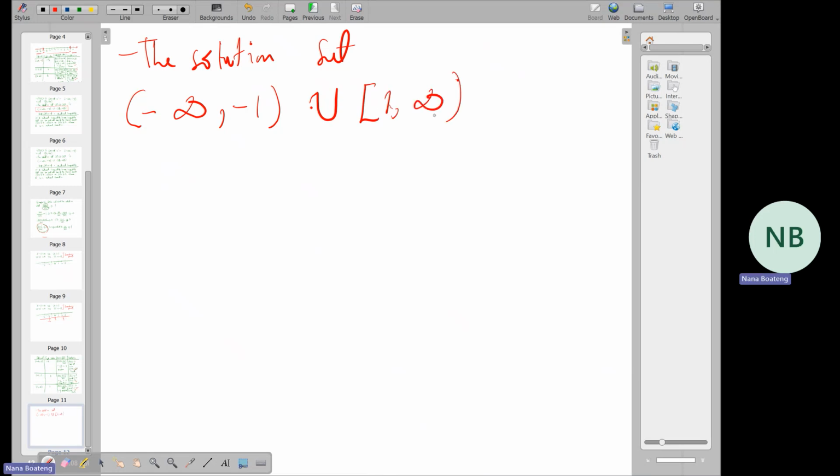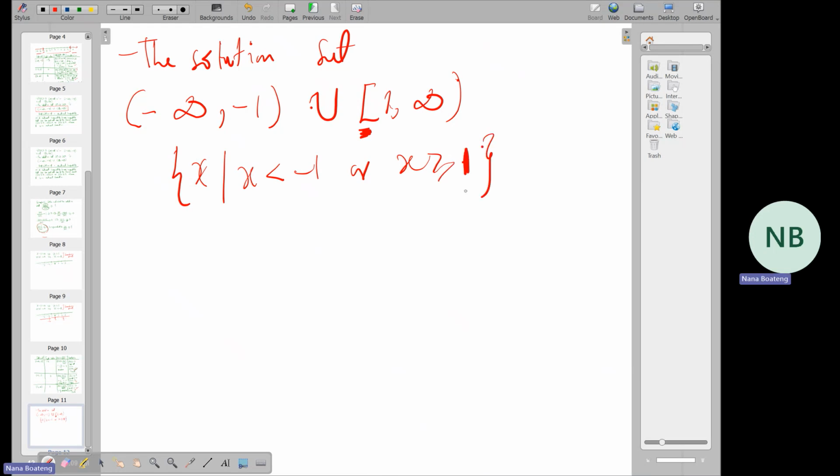And we have a closed set here because of the greater than or equal to in the inequality. Or we can also rewrite this equivalently as x is less than -1 or x is greater than or equal to +1.